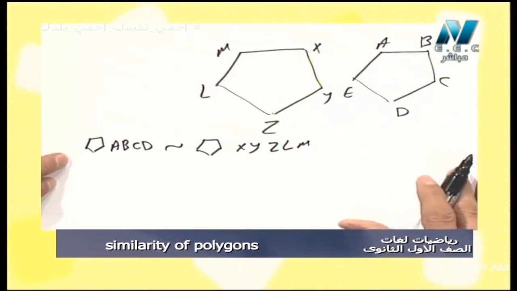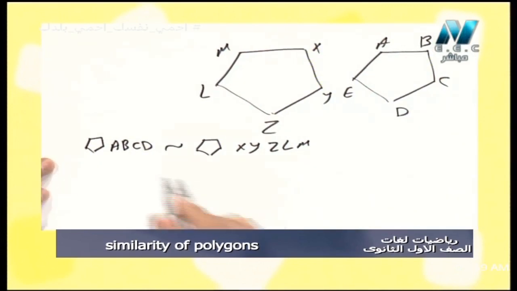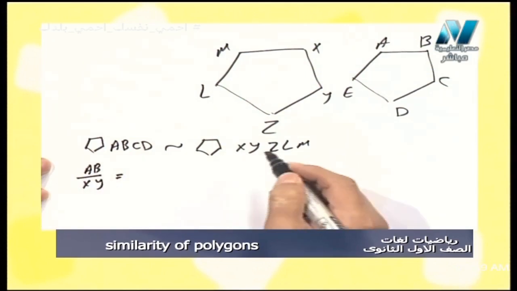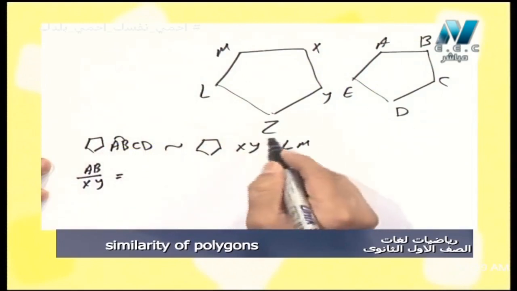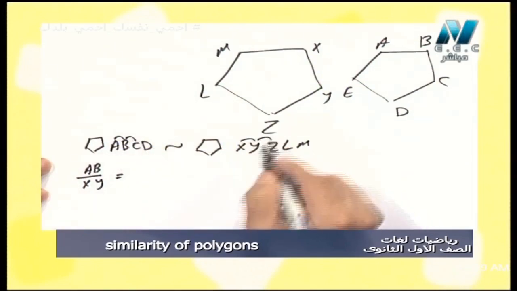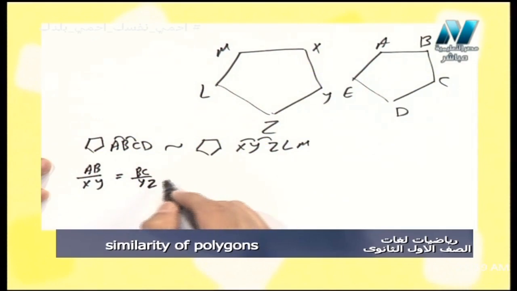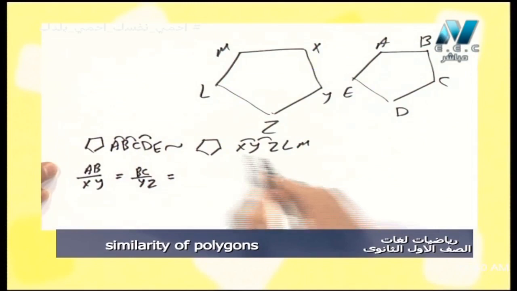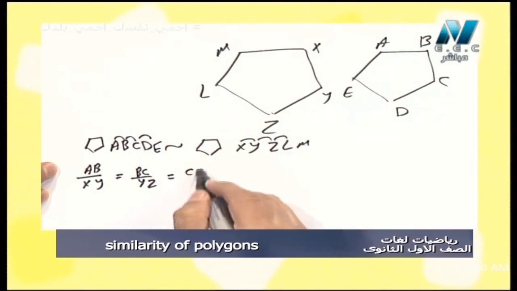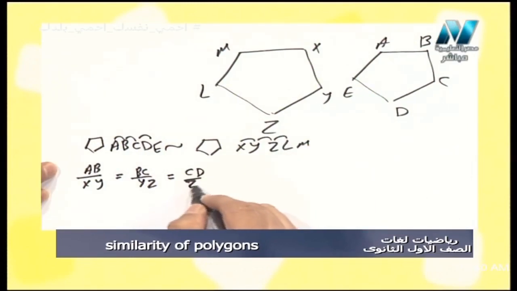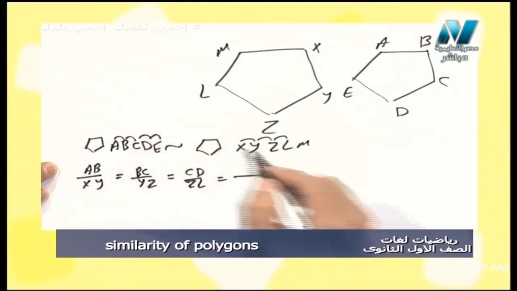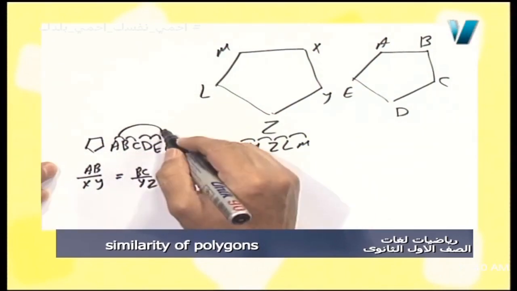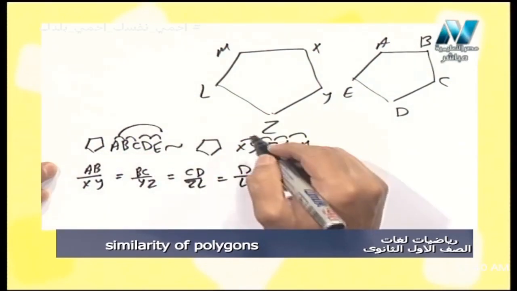We know the properties of ratio. If we say that AB over XY, because they are similar, it will be equal to BC over YZ, of course equal to CD over ZL, equal to DE over LM, of course equal to AE over XM.